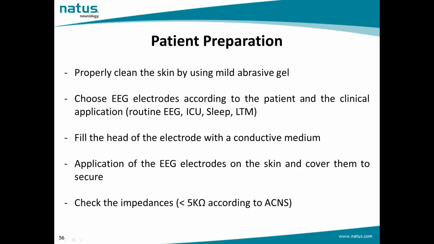Typically, gold and silver chloride are the most used and required, mainly for LTM and sleep recordings. Often in ICU, needle electrodes are required and used with coma patients and for the assessment of brain death. For infants, sometimes adhesive electrodes are preferred.